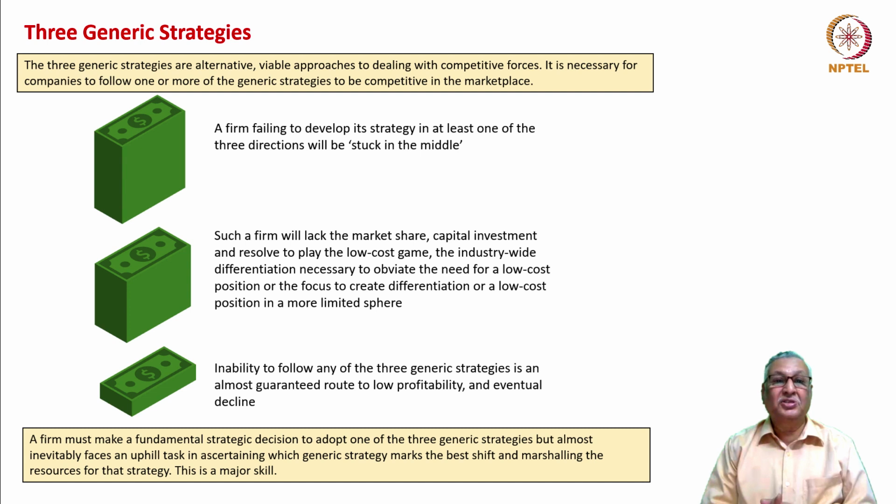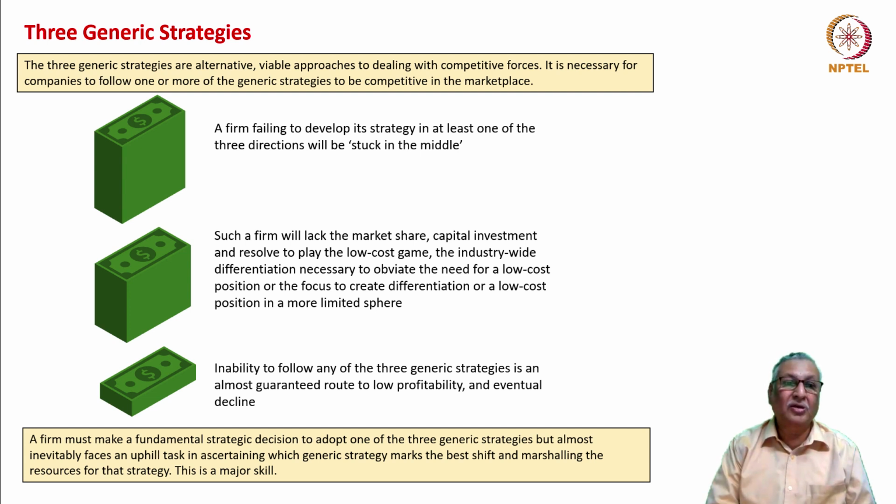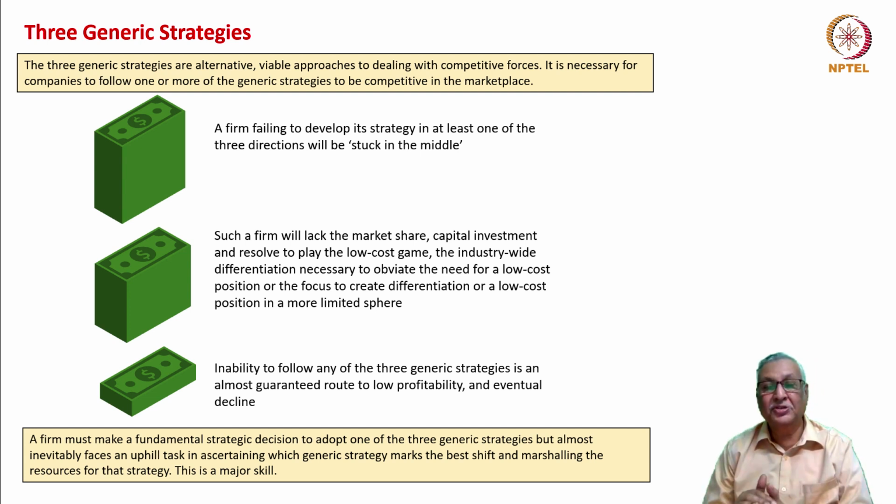These three generic strategies are alternative viable approaches to dealing with competitive forces. It is necessary for companies to have one predominant philosophy, while shades of the other two strategies would definitely be there as part. A company which is stuck in the middle will not be able to follow a cost leadership position or a differentiated position.